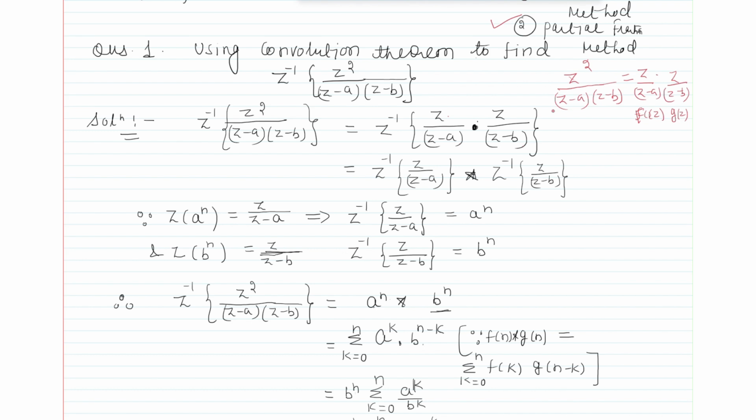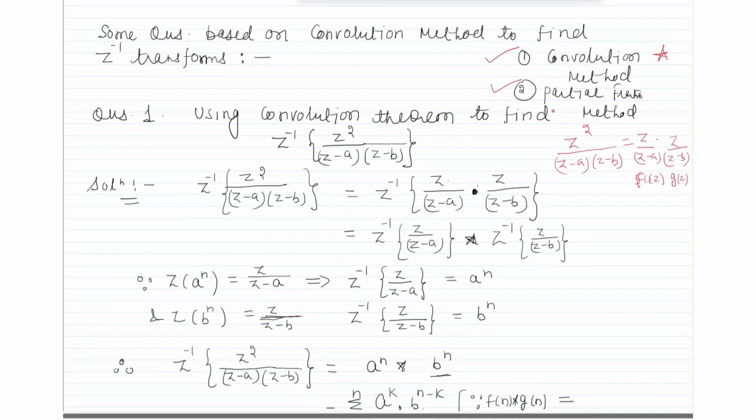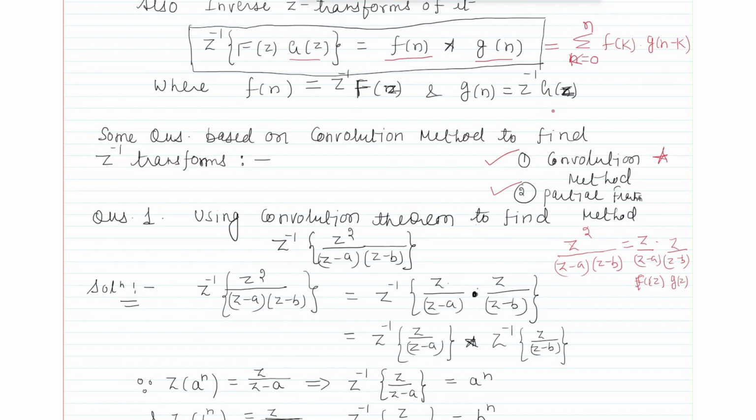Now we want to apply the convolution theorem. So we just apply this particular formula because we now have capital F(z) and this is G(z). So we are using this formula: F(z) into G(z) equals f(n) star g(n).